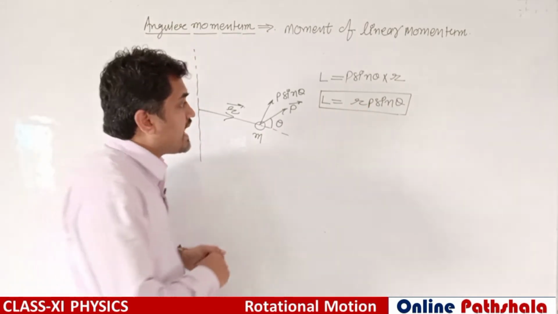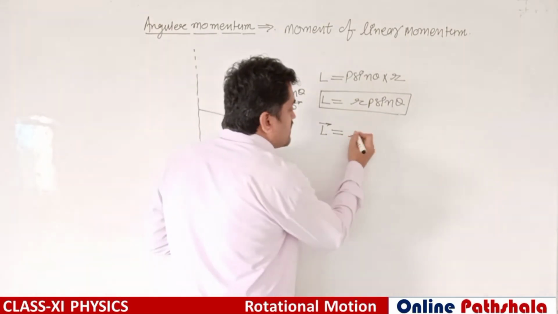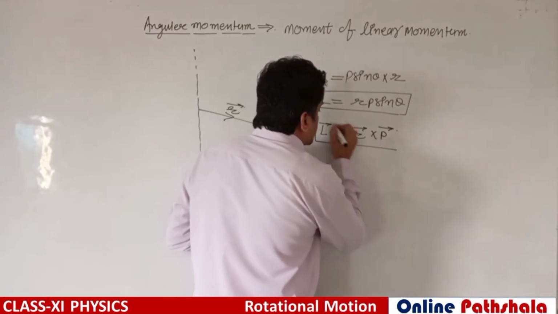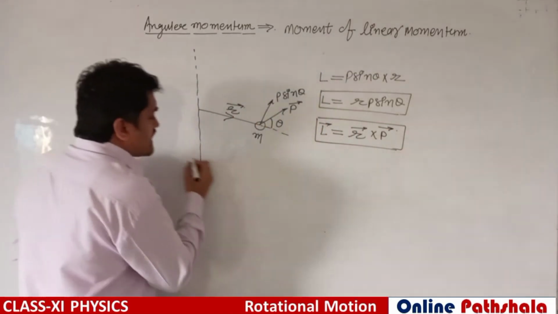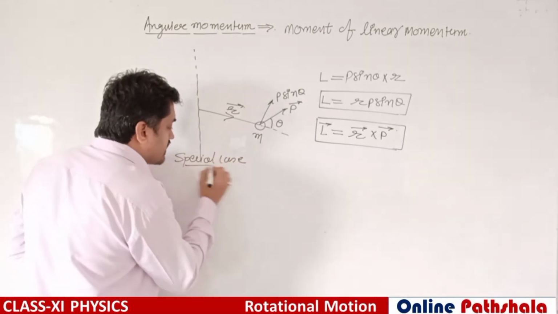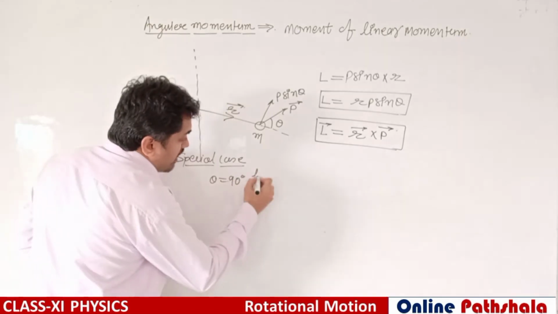If we want to write this L in vector form, it will be r vector cross p vector. We are taking a special case in which theta is equal to 90 degree for point mass.